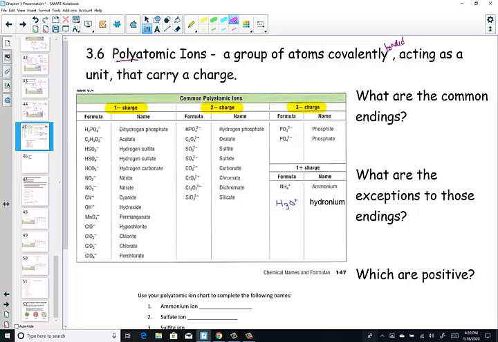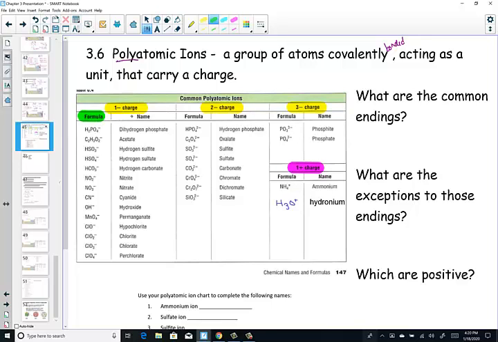I also want to point out that there are a few, not many, but a few that are positively charged. Ammonium and hydronium are just two examples of positive polyatomic ions. Let's focus first on what we said were the -1 family.